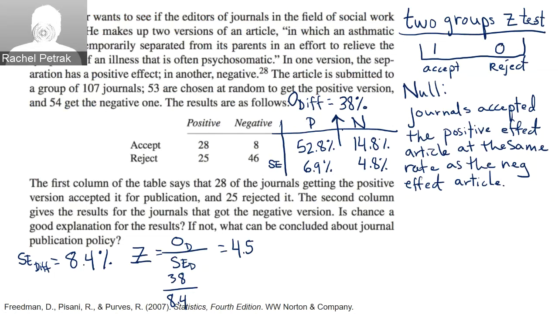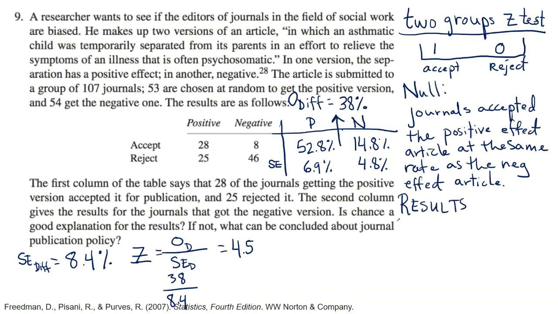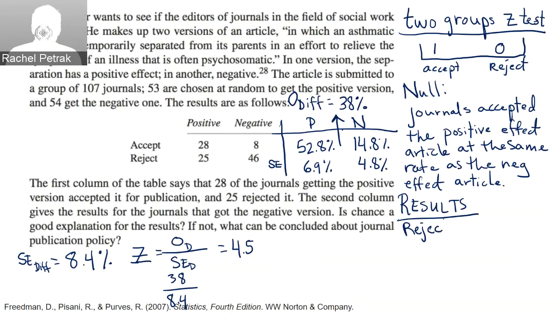So if Z is equal to 4.5, will we retain or reject the null hypothesis? That's right, we're going to reject. And what does that mean? Well, it means that this difference is not due to chance alone. Chance is not a good explanation for the results.